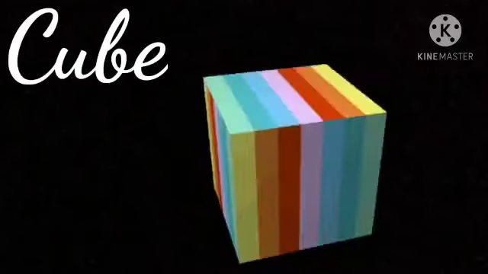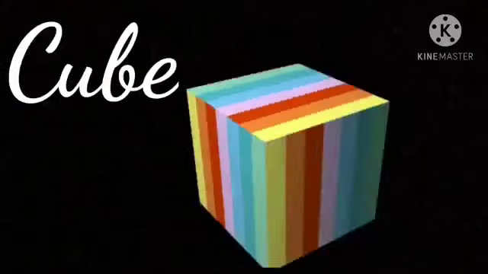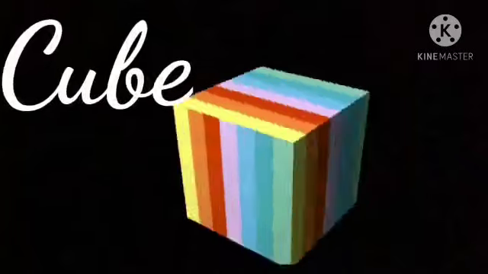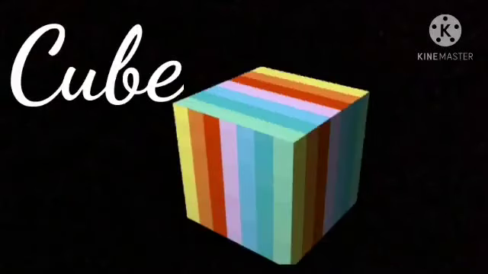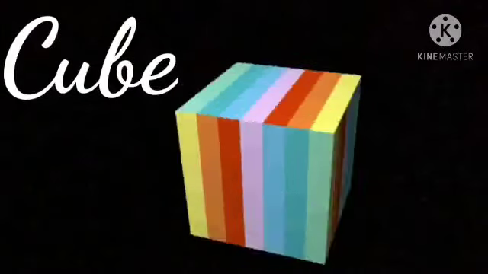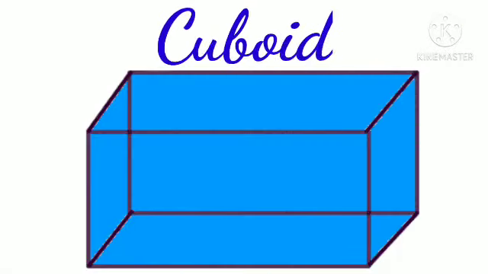Children, this is a cube. Its all sides are equal and its all faces are square in shape. This is a cuboid. Its opposite sides are equal and its all faces are rectangular in shape.